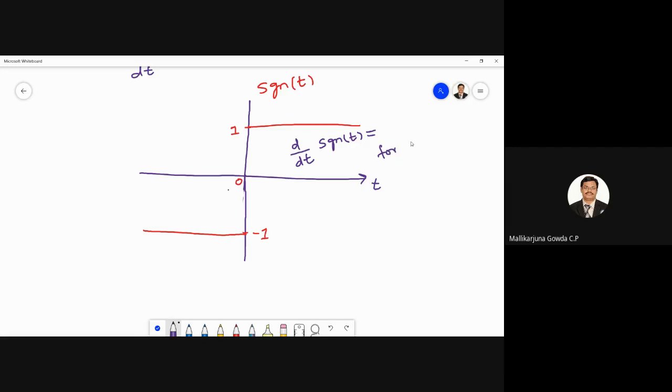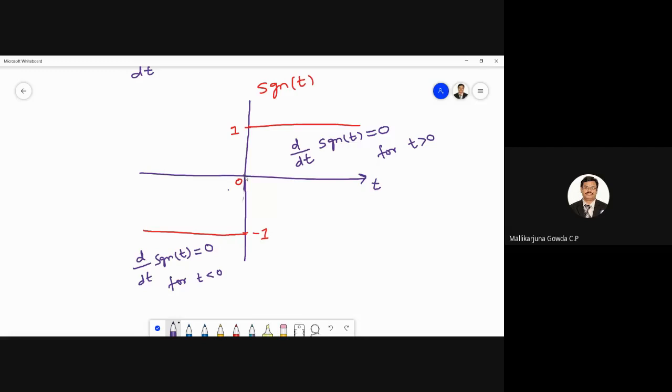At least people should tell with confidence. These are very basic things. For t greater than 0, it will be 0. Similarly, for the negative side, for t less than 0, it will be 0, right?